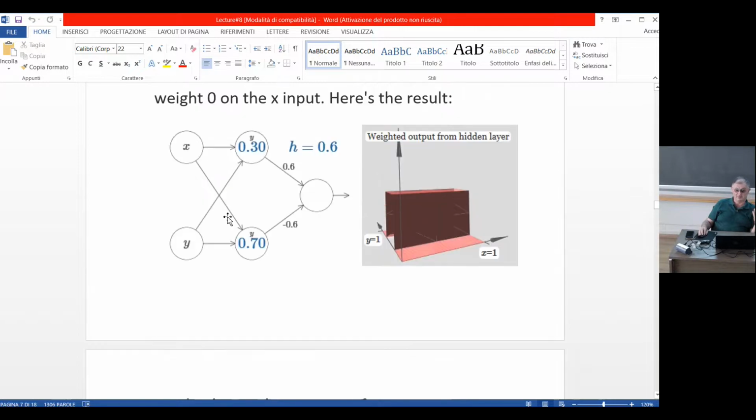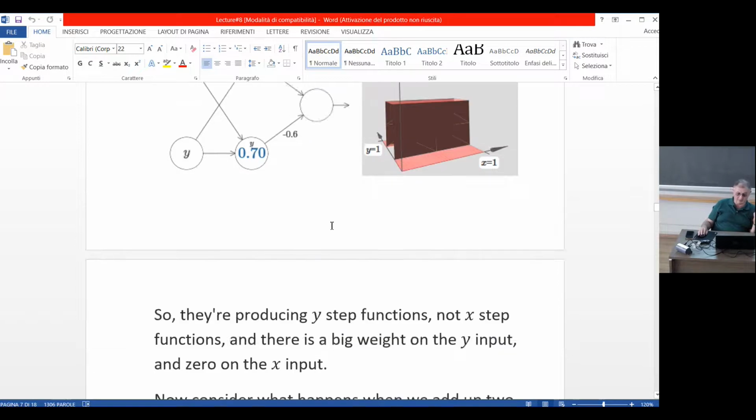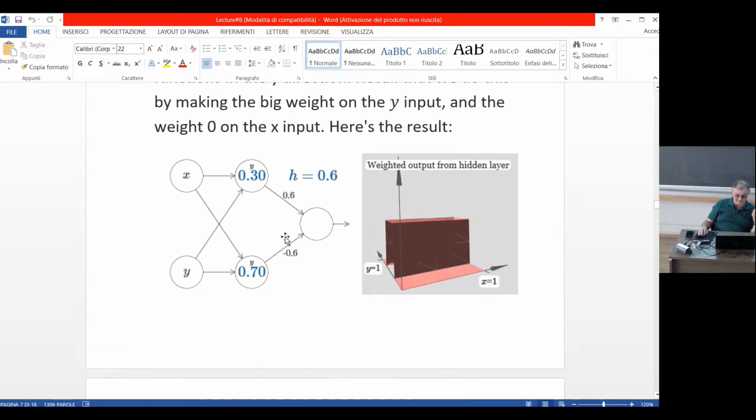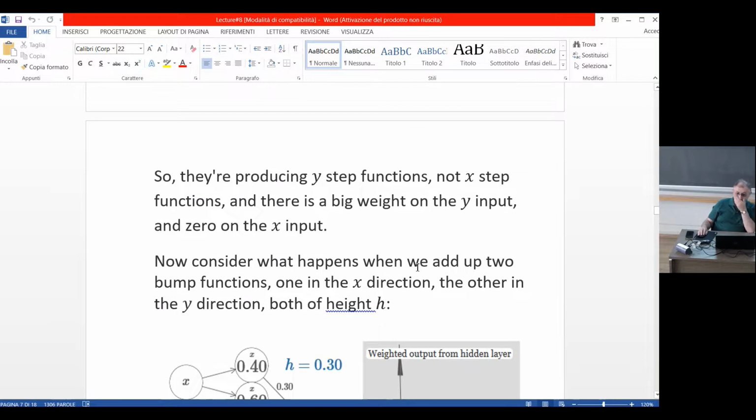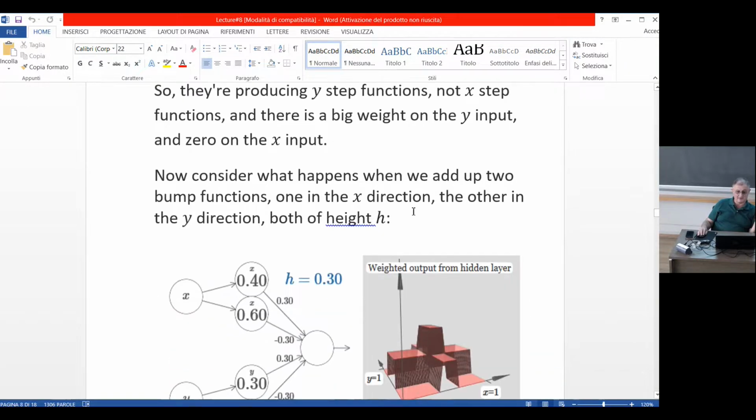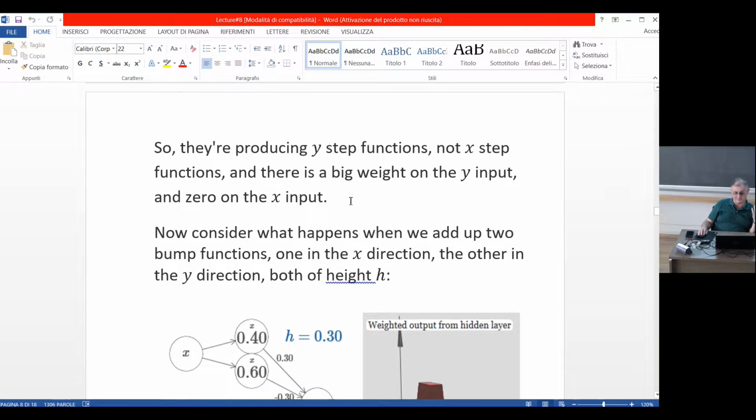But the value of the function can be a constant of any height and depends on the weights which we prescribe to these connections. Okay.